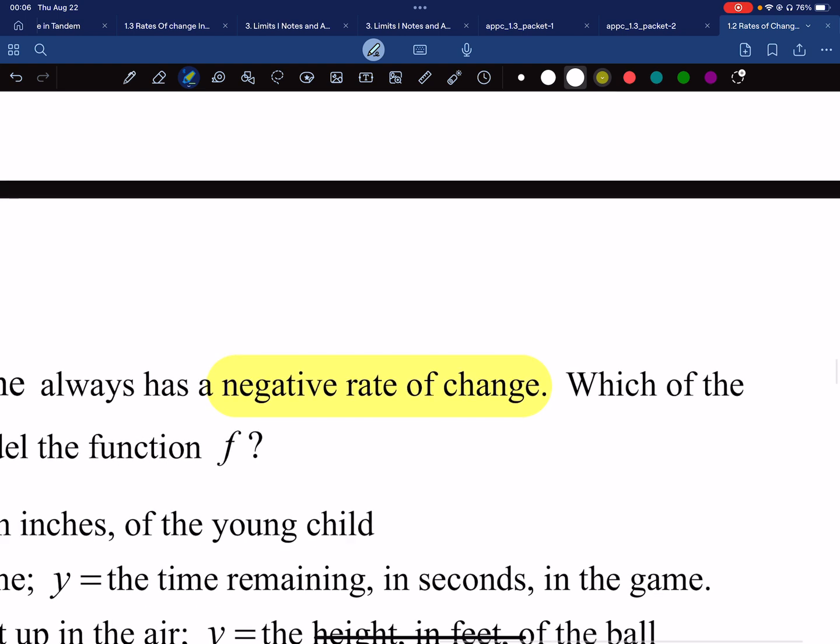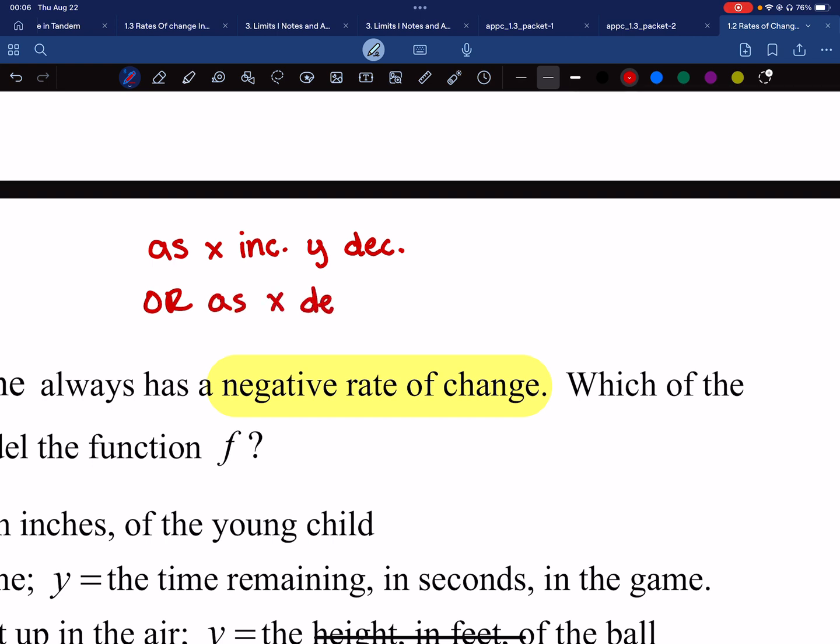A negative rate of change means that as my x increases, my y will decrease. Or as x decreases, my y will increase. So essentially my x and y's are doing different things.